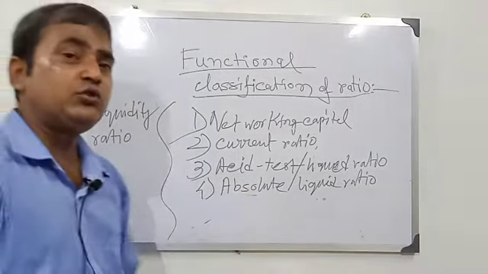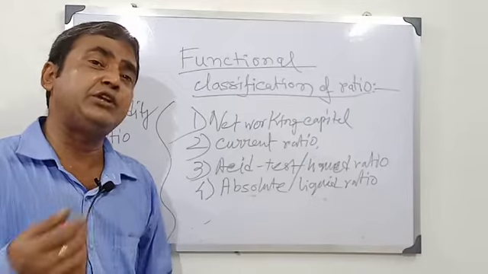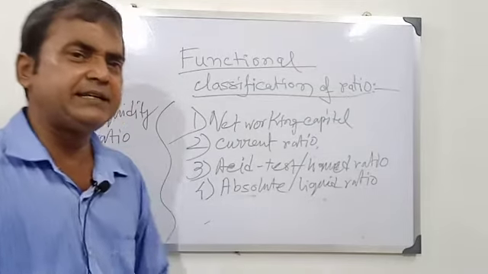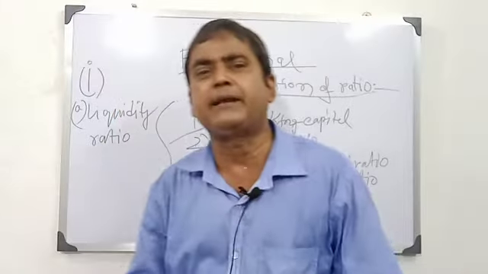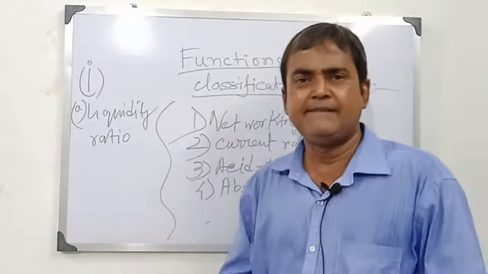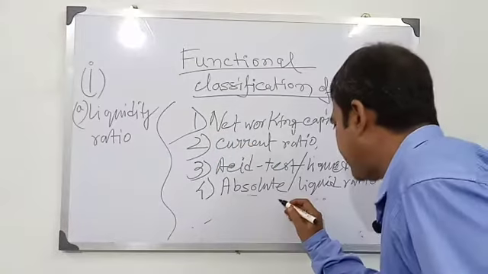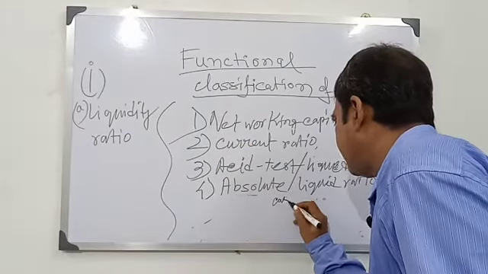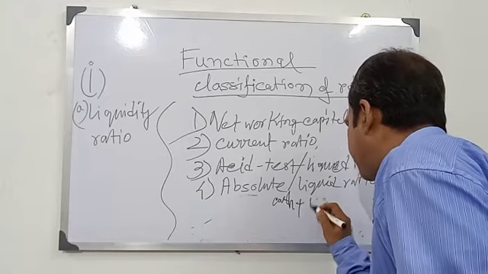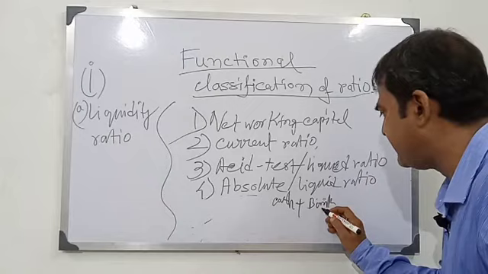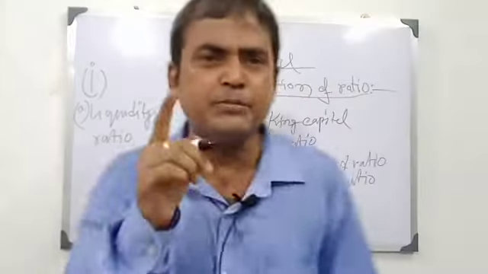Absolute liquid ratio. What are the absolute liquid assets? Cash and bank, money in hand and cash at bank. That is cash plus bank. The bank balance should be a positive one.